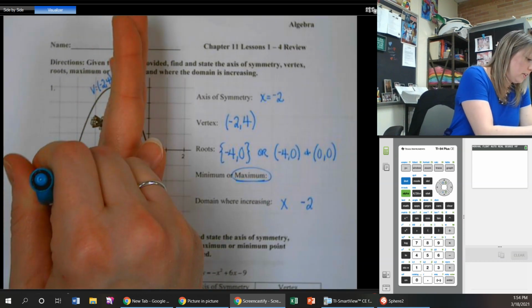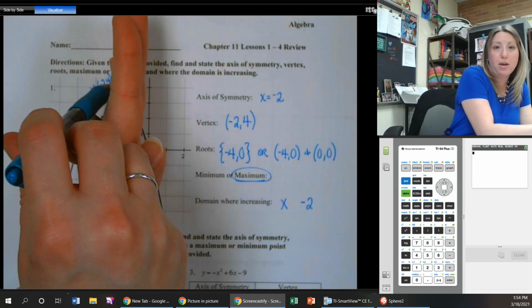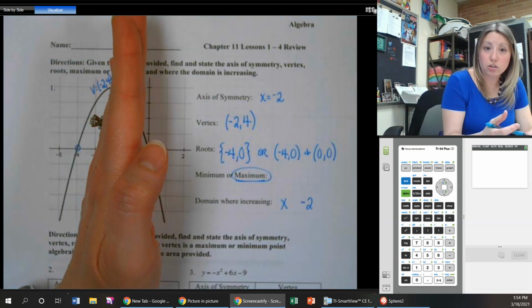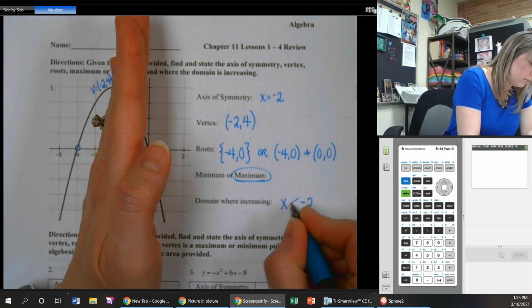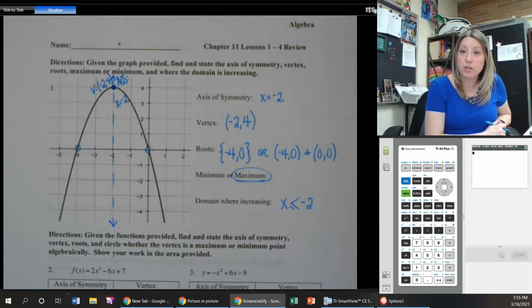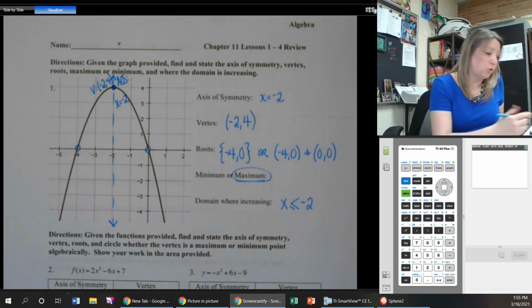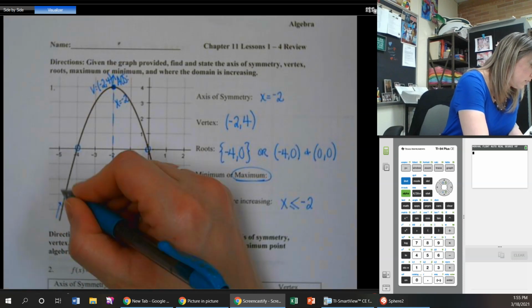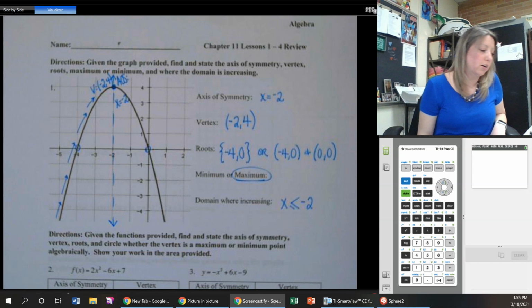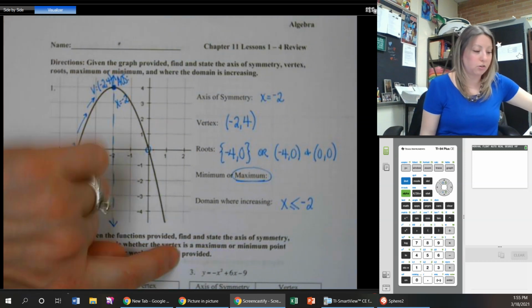And so on this side, all the y values get bigger up until here. Those x values are all smaller than -2. So the domain where this function is increasing is x is less than or equal to -2. So those are all the pieces. See, this is increasing. Y is getting bigger, y is getting bigger, y is getting bigger until we get to the max and then turn back around.